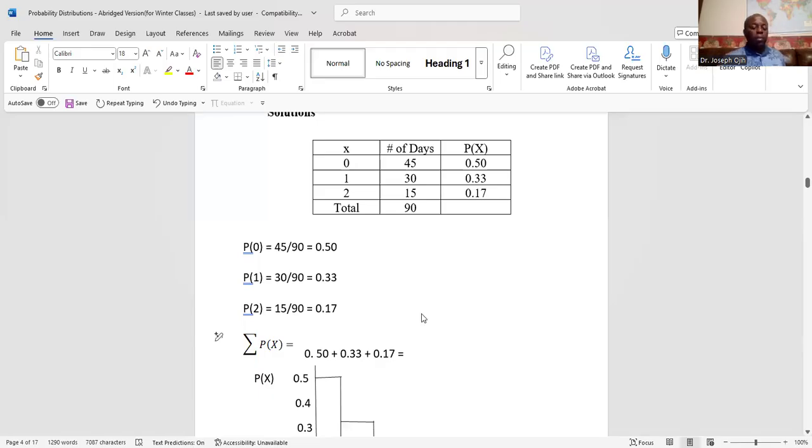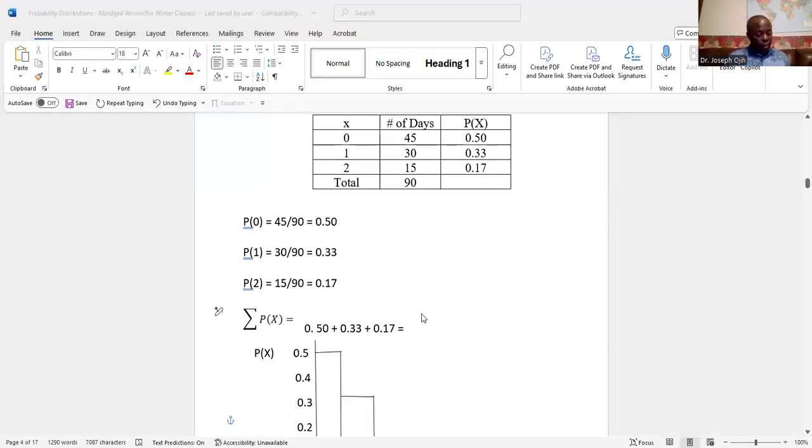Let me write them down and then we can go and add them in the calculator. I got 0.50 plus 0.33 plus 0.17. When you go to our calculator, we can put this in.